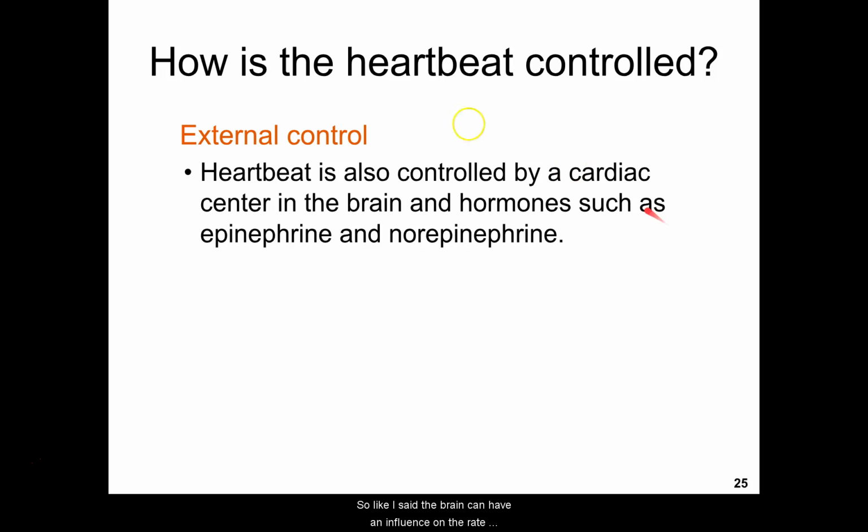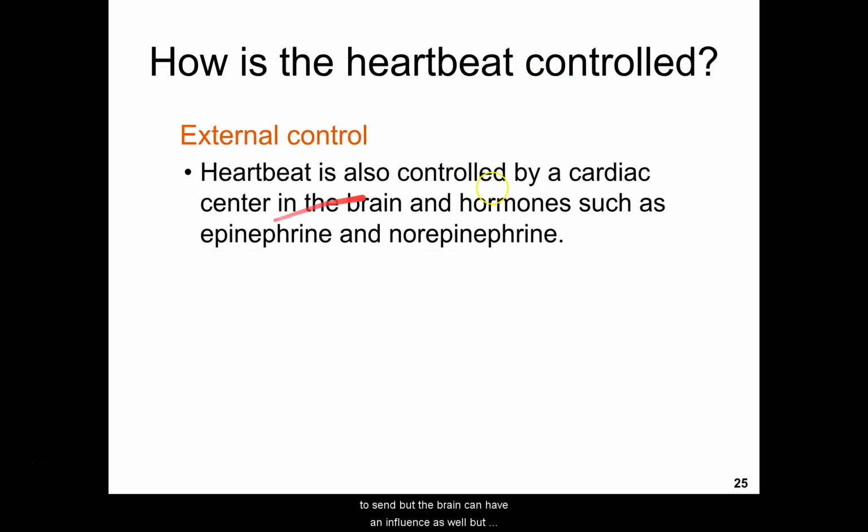So like I said, the brain can have an influence on the rate at which your heart beats. There is a cardiac center, and it uses hormones like epinephrine and norepinephrine and others in order to indicate to your heart, okay, well, now perhaps you should be beating faster, or now maybe you should be beating slower, or whatever signals it's wanting to send.